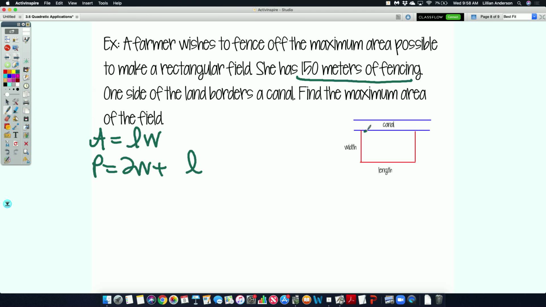We're not going to put anything on that second length right here because that's where the canal is. And we know that we have 150 meters of fencing to line this area. So that means that perimeter is going to equal 150.